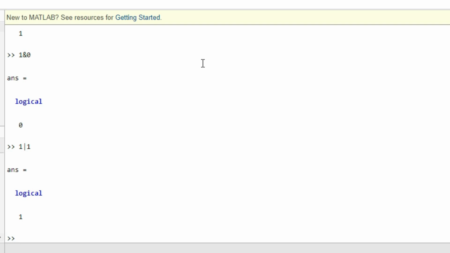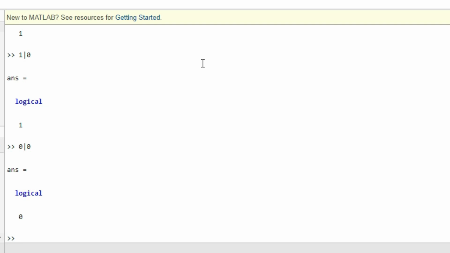Let's try true or false, 1 bar 0 gives 1. Let's try false bar false, 0 bar 0 gives 0, since false or false is false.